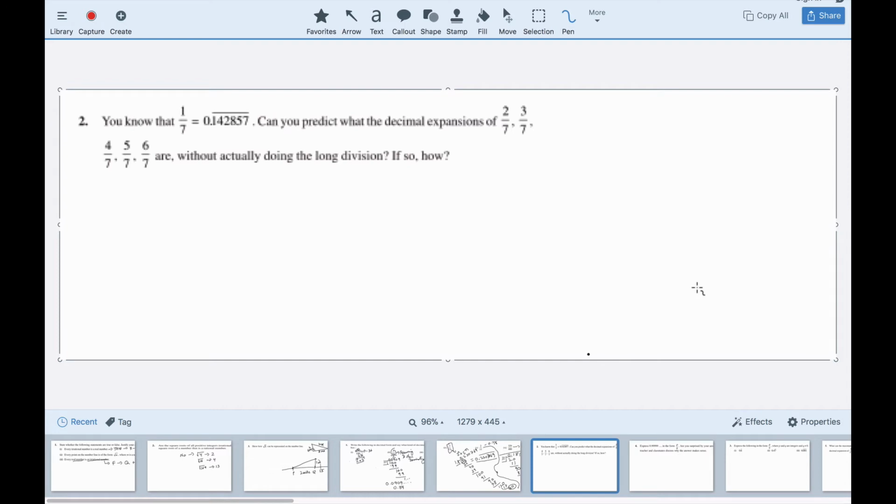Now the question says that the value of 1 upon 7 is given to us as 0.142857. Now this is a very easy question. So he's asking us to find the value of 2 upon 7, 3 upon 7.